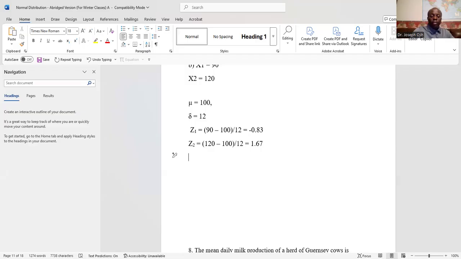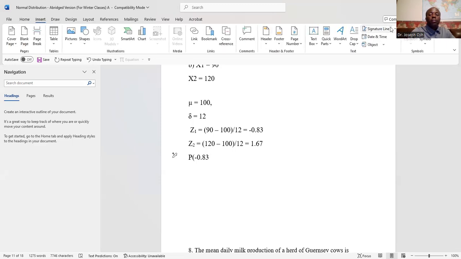So we're looking for the probability that negative 0.83 is less than Z, less than 1.67.